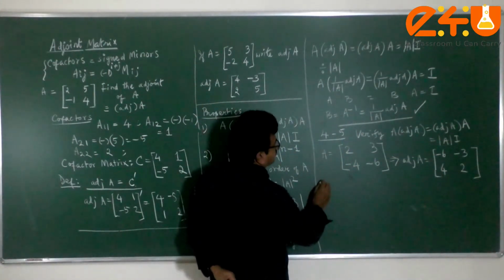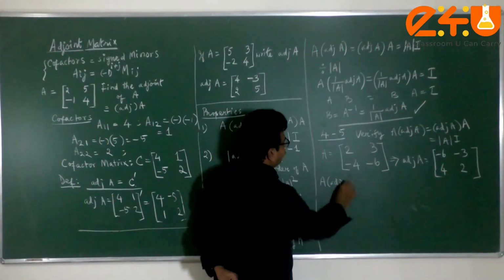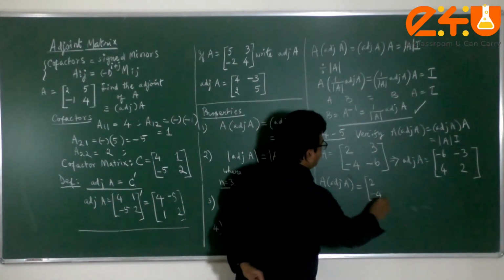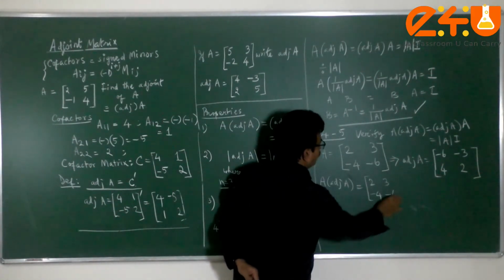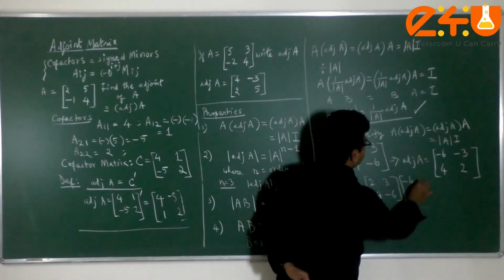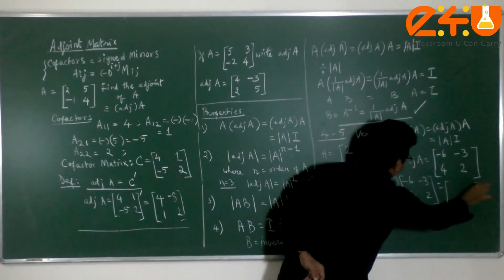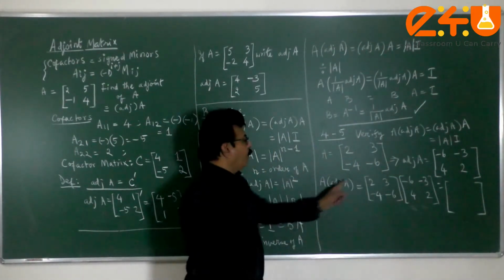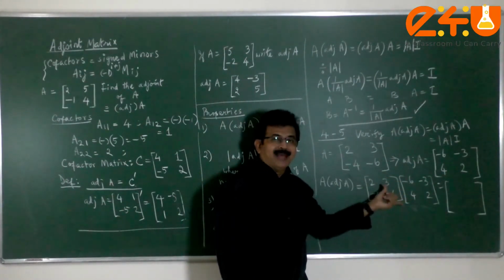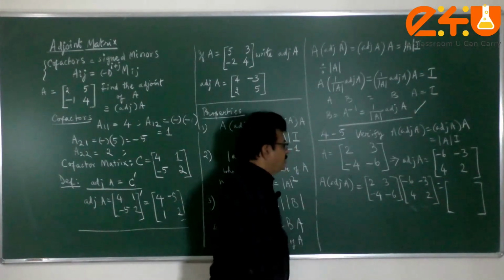Now let us calculate the product A times adjoint A. So how do we do that? The routine procedure of multiplication of matrices we need to complete, meaning the row 1, column 1, we do the product pairs and accumulate the sum, present it in 1 1 position.